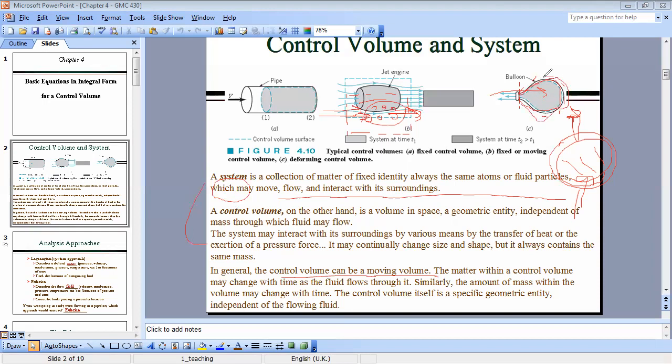So you will have a moving control surface, a control surface with a certain velocity, because this boundary can expand with time. A control volume can also be a fixed control surface, as in the jet engine example. If you take the jet engine example, this is a fixed control surface, and you have fluxes coming in and out, while for the balloon, the control surface can move.